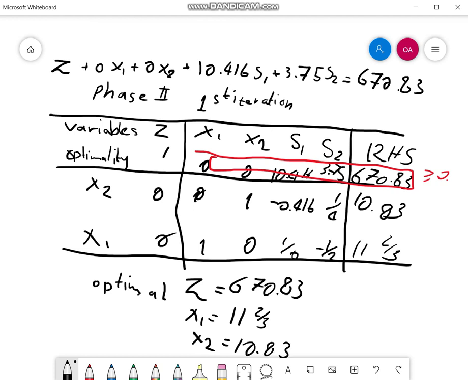Since these values don't have any slack, the binding constraints are C1 and C2, and the non-basic variables are S1 and S2. Try to solve the same problem using the Big M method and see which one is easier.